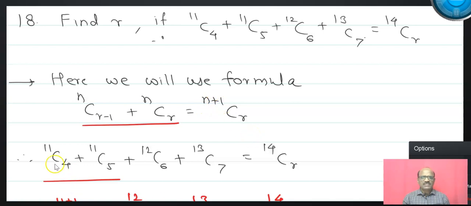Now, in this case, we will apply this formula for these two terms: 11C4 plus 11C5 plus 12C6 plus 13C7. First, for these two terms we apply the formula.